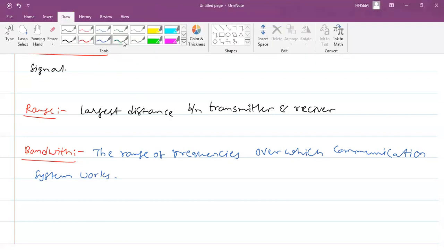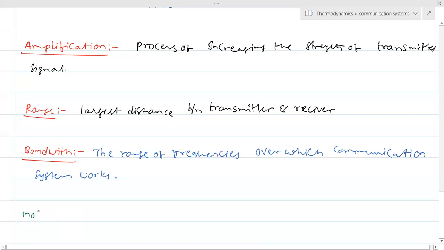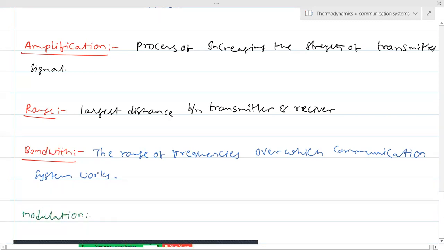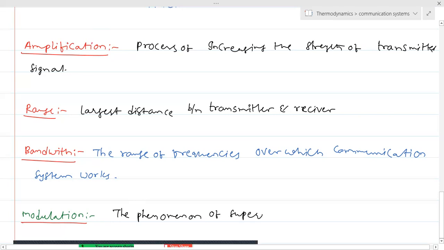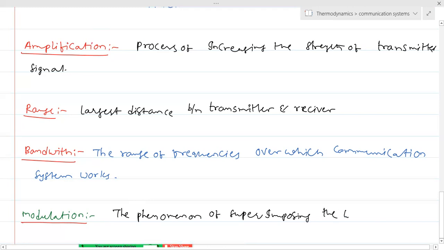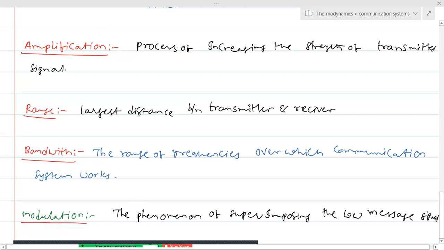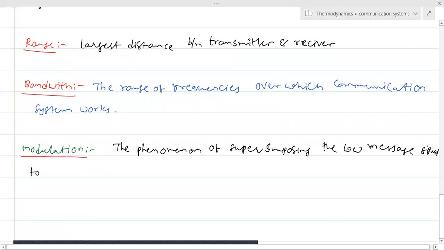So then we will think of modulation. Modulation means the phenomenon of superimposing the low message signal onto a high frequency wave.